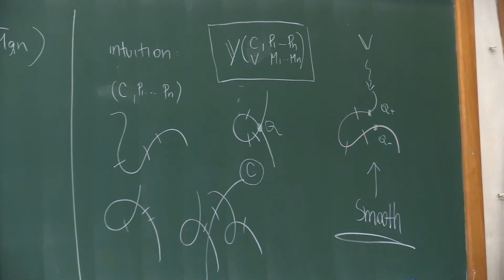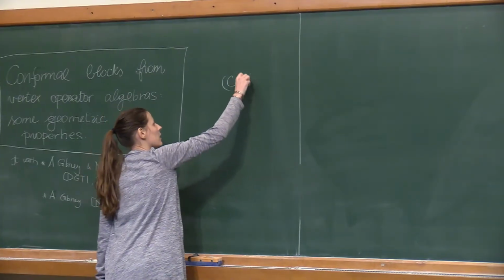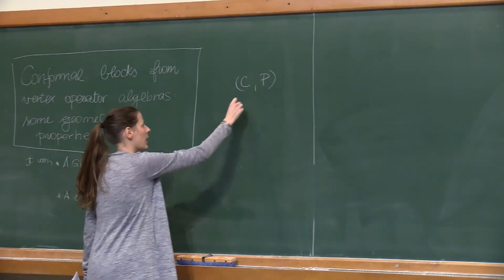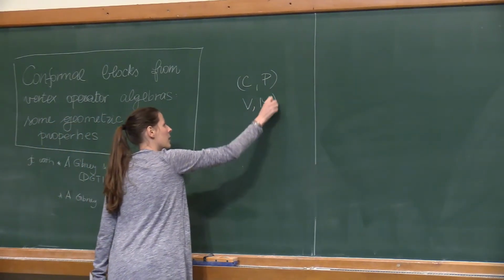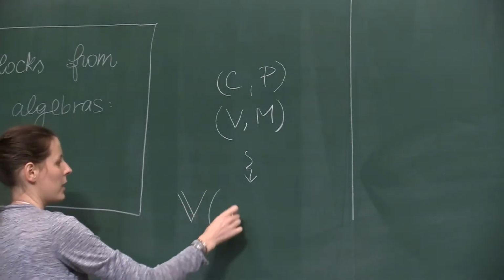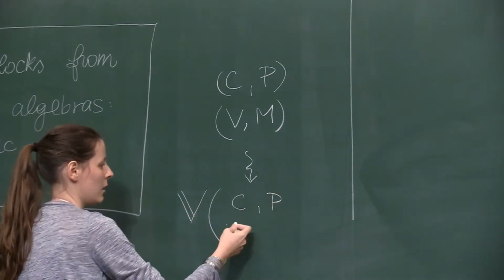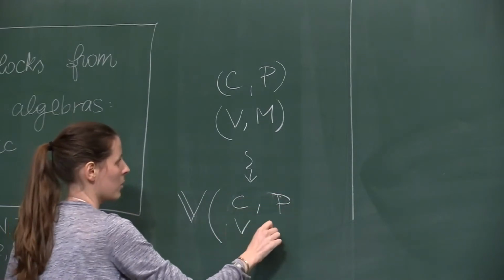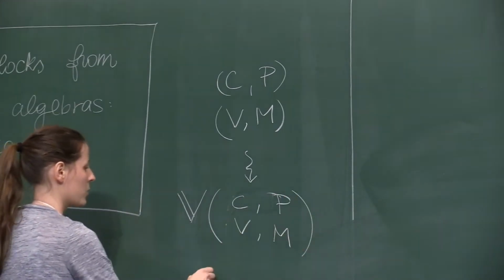Okay, so as I said, let me just start with a curve and a point, just for simplicity, and I have a vertex algebra and a module, and I would like to cook up something that I call, there are different notations, so let me call it in this way. This should be a space.